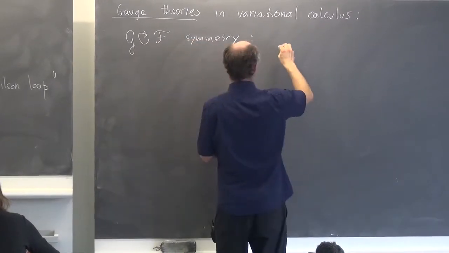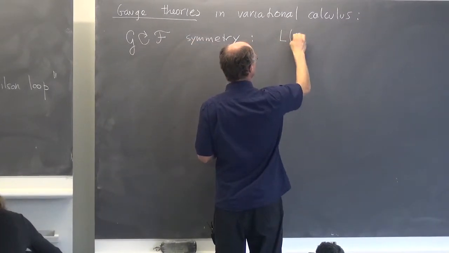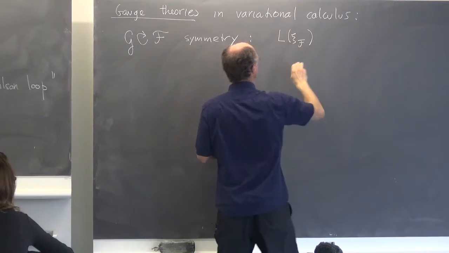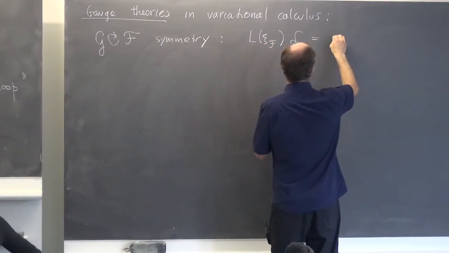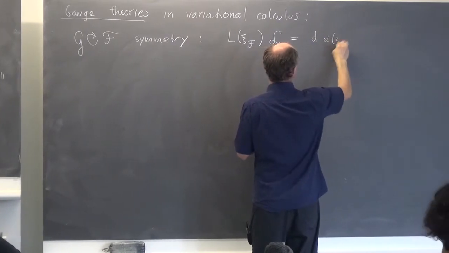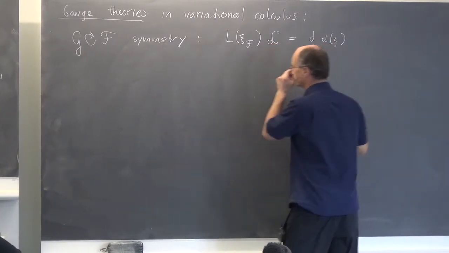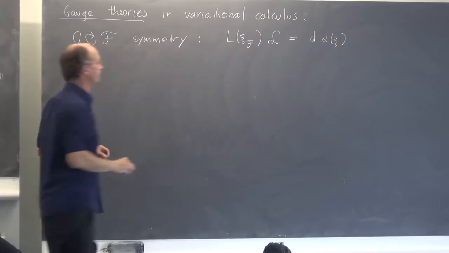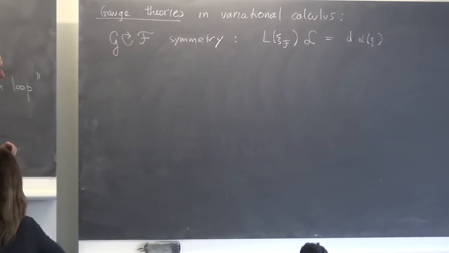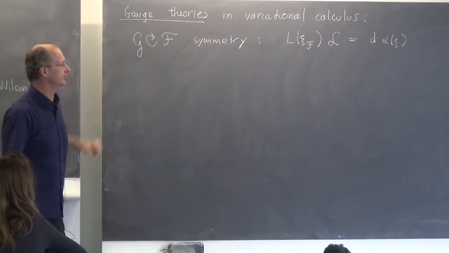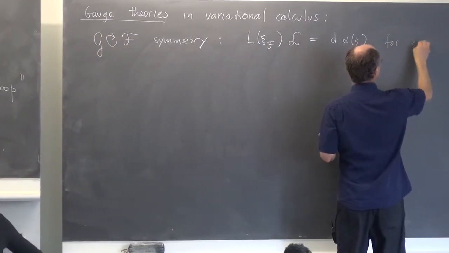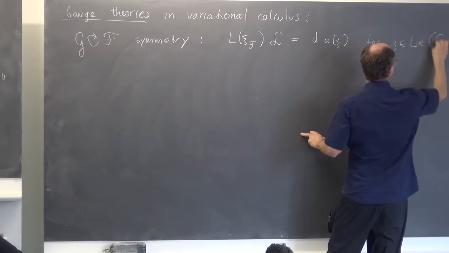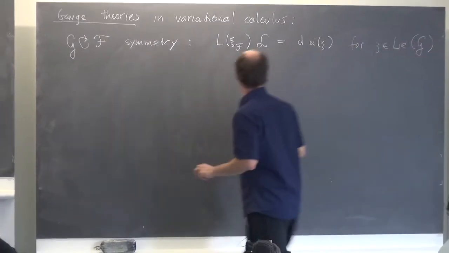Symmetry, I recall, means L of psi f of the Lagrangian is equal to d alpha psi, for all elements of the Lie algebra of our gauge group.